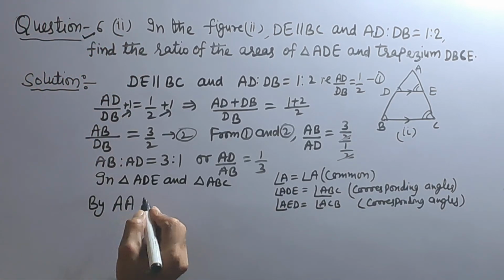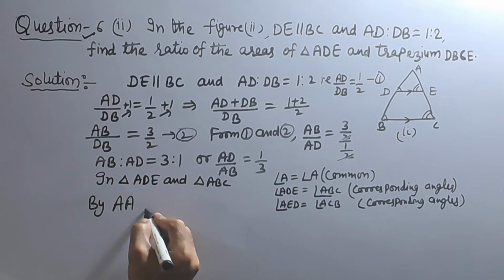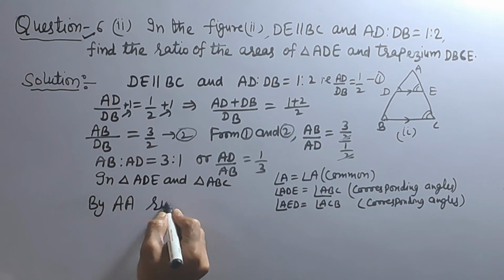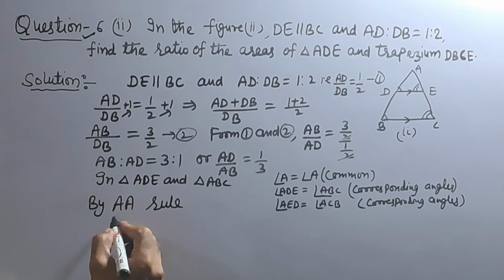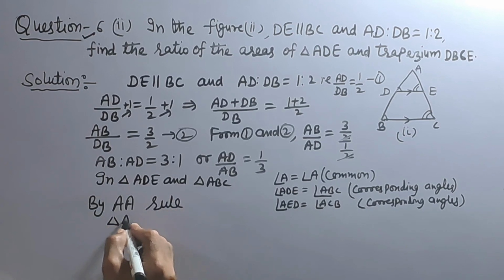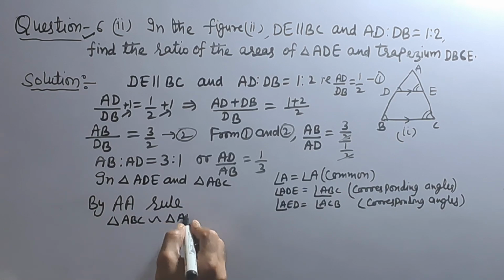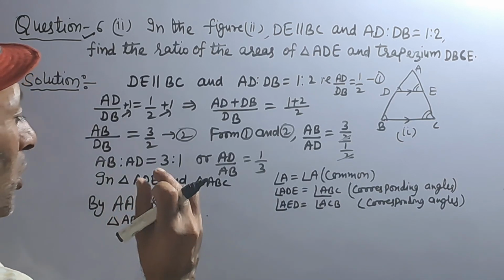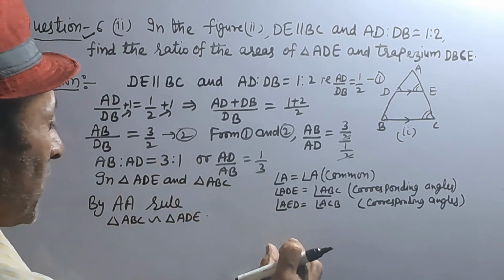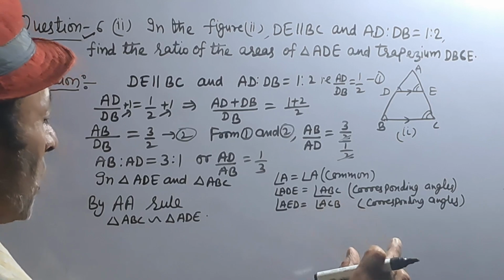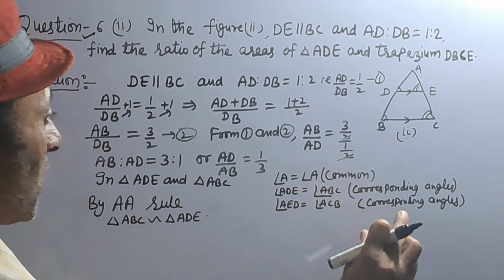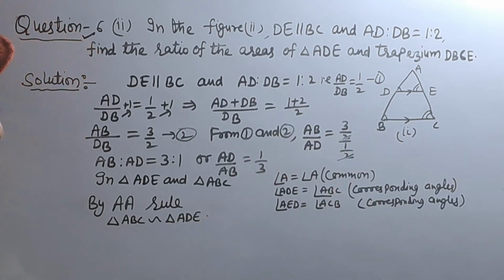By AAA rule, triangle ABC is similar to triangle ADE. The ratio of areas of two triangles is equal to the ratio of squares of their corresponding sides.